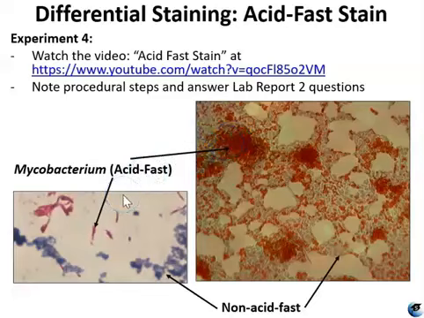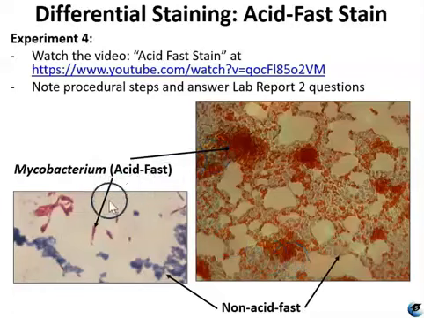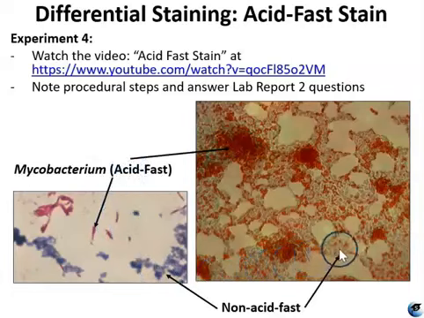It's positive for acid-fast. This one here used the methylene blue as the counterstain, so the non-acid-fast are much bluer than they are here. These ones are more kind of a blue-green teal color, and that's because the counterstain for these was the brilliant green. Okay, but you see in both cases, the more reddish colored ones are positive for acid-fast, and the more bluish colored cells are negative.